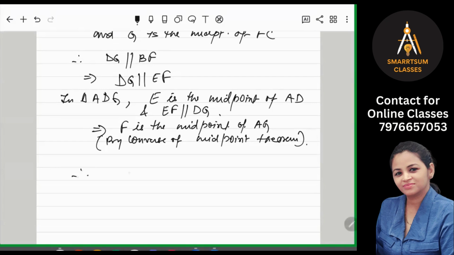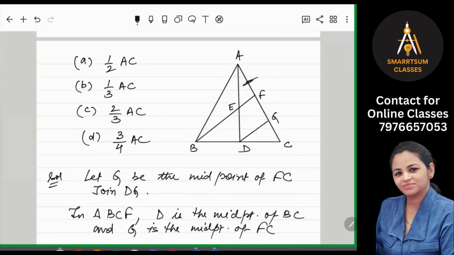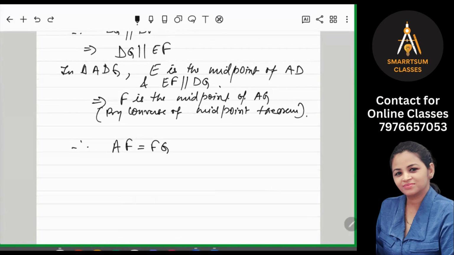Therefore AF will be equal to FG. And since we have already taken G as the midpoint of FC, FG will be equal to GC. So all these three segments are equal in length. Write down: AF is equal to FG and FG is equal to GC, because G is the midpoint of FC.